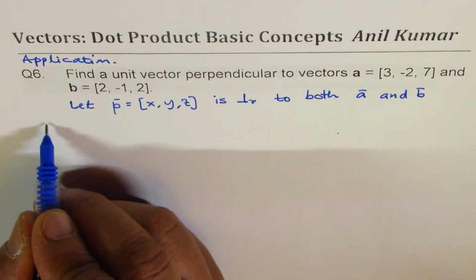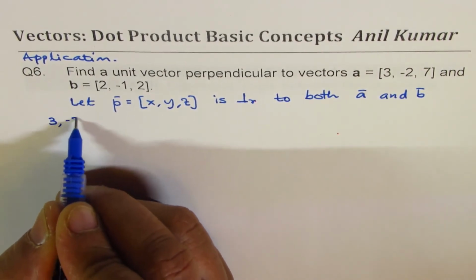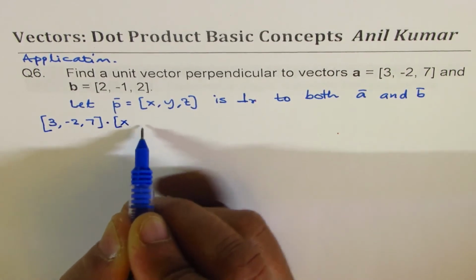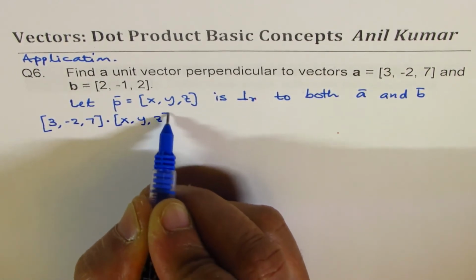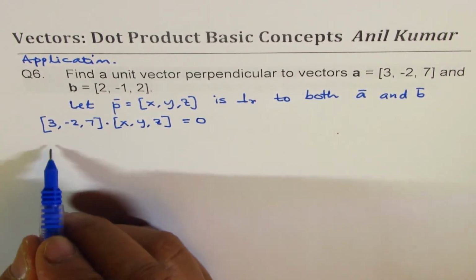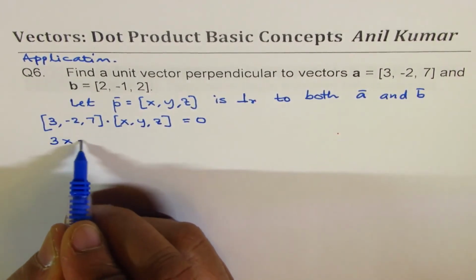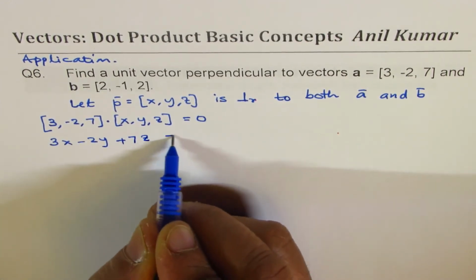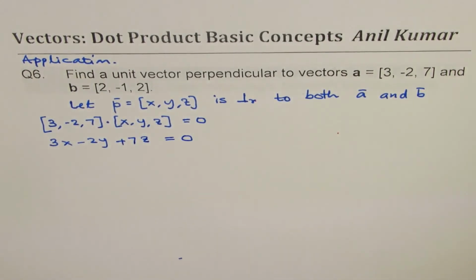So in that case, 3 minus 2 7 dot x, y, z should be equal to 0. If I multiply, I get 3x minus 2y plus 7z equals 0. So that gives me one equation.